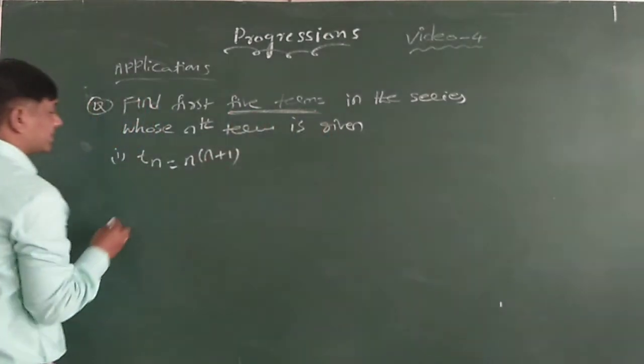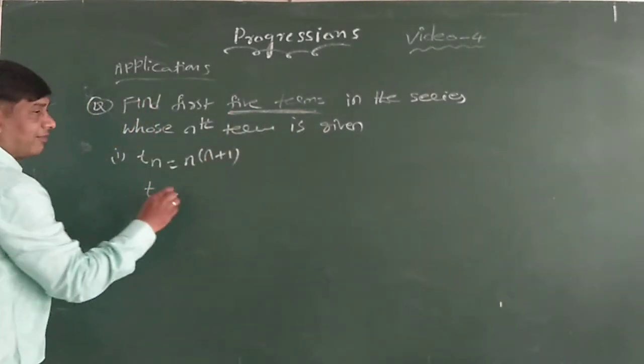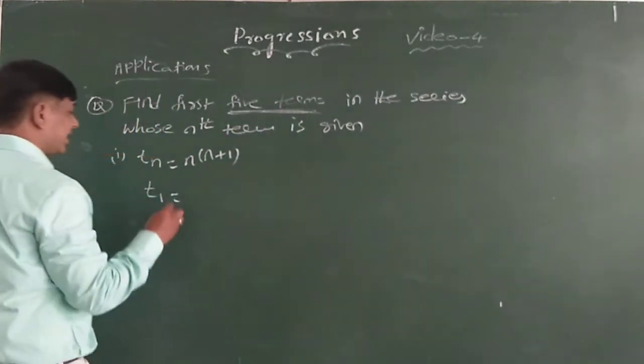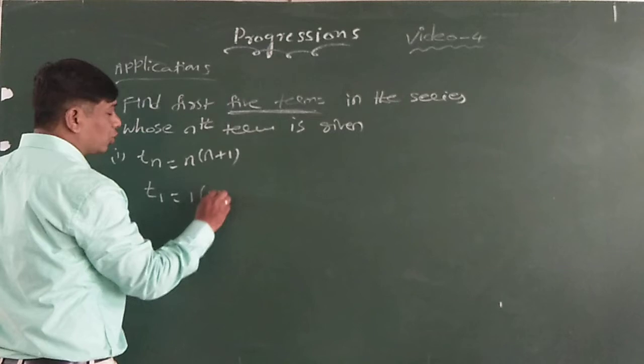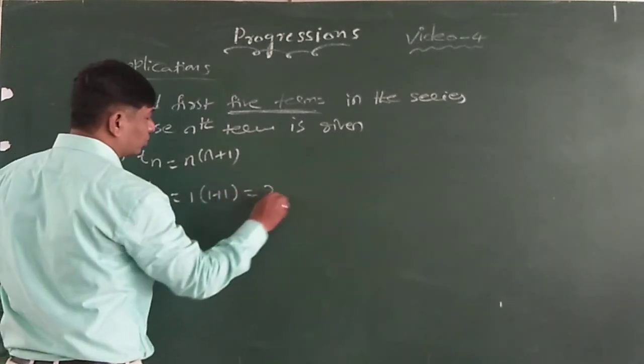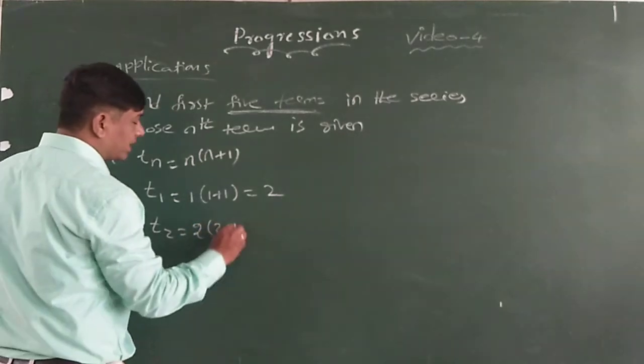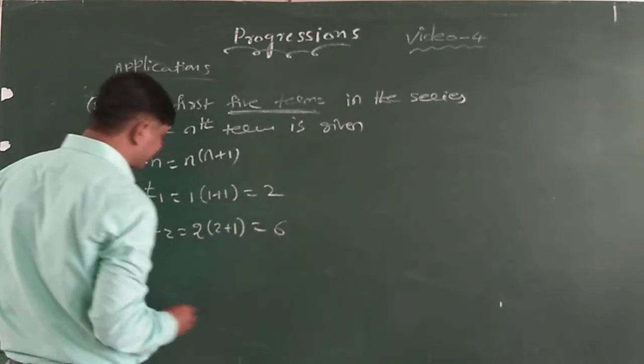So wherever n is there, substitute the values 1, 2, 3, 4, 5. T1 is equal to 1 into 1 plus 1, which is 2. T2 is equal to 2 into 2 plus 1, 3 twos are 6.